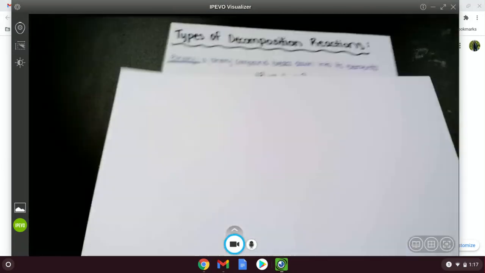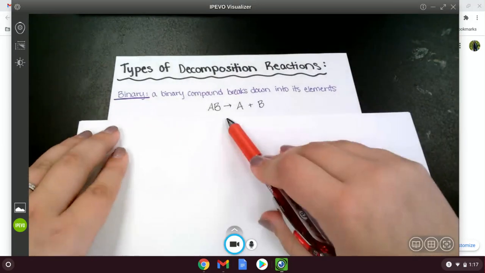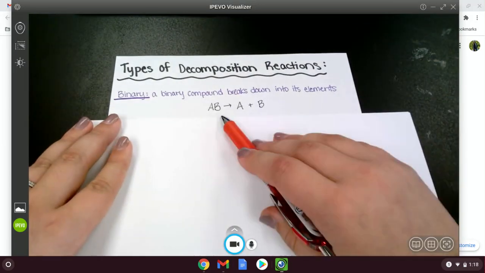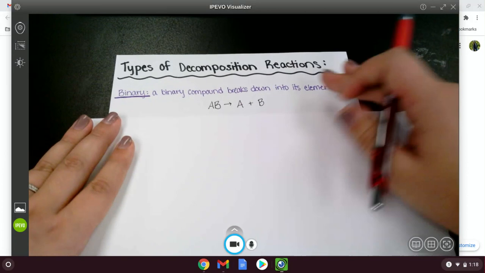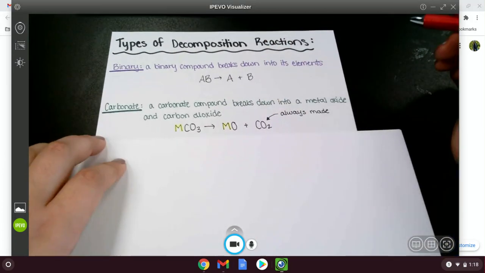So let's get into the types. We have, like I said, the binary decomposition, and that follows our pattern AB yields A plus B. It's just when a compound breaks down into its elements. Then we have a carbonate decomposition.